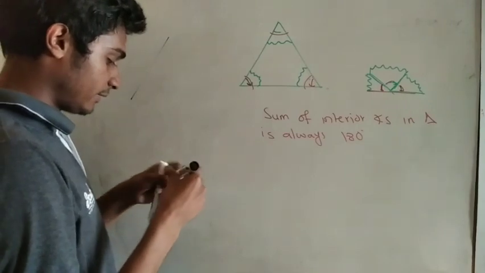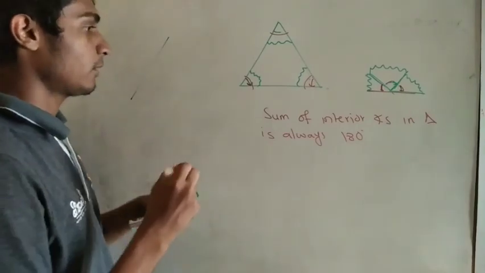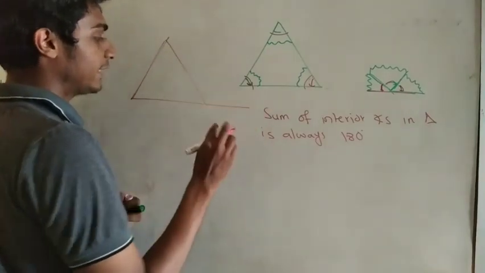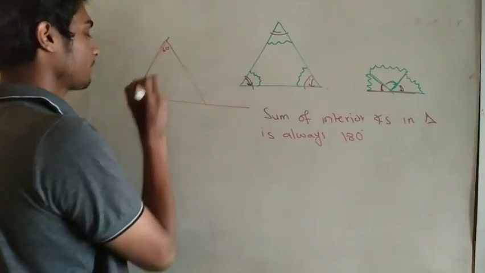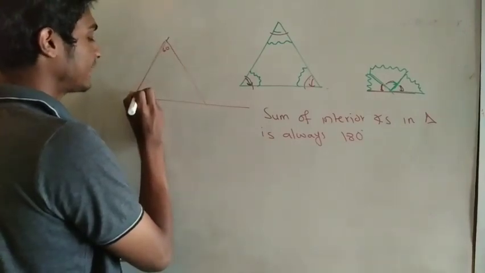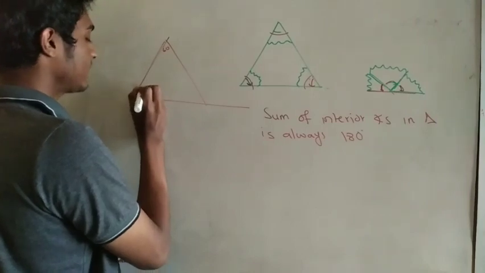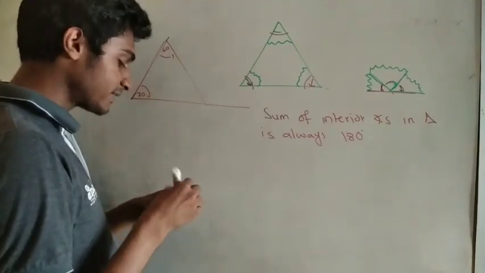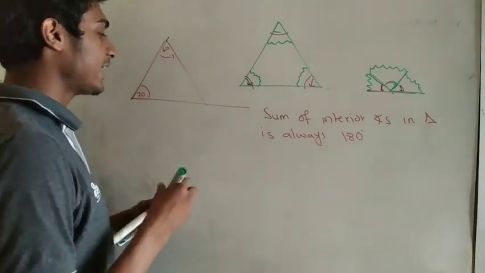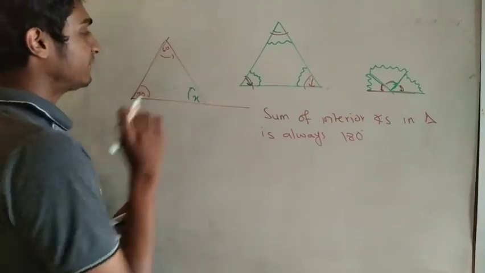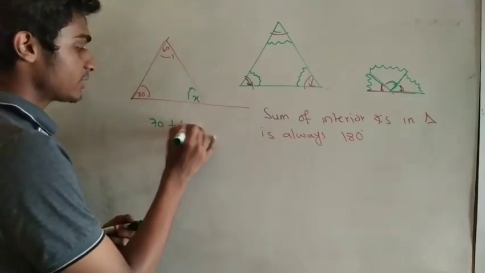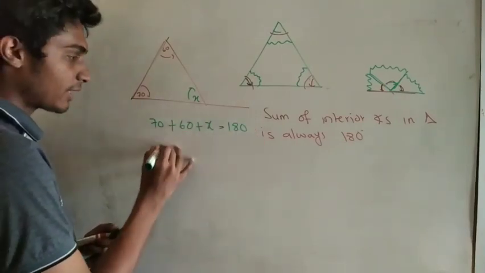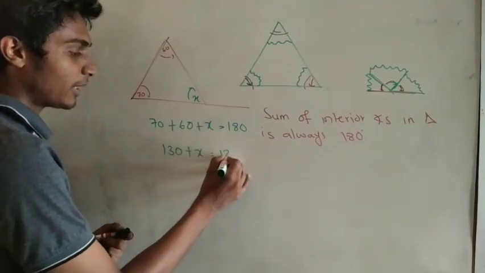Let's say this angle is 60, and this is 70, and this angle I'll call x. Then 70 plus 60 plus x is going to be how much? 180. 70 plus 60 is 130, plus x is 180.